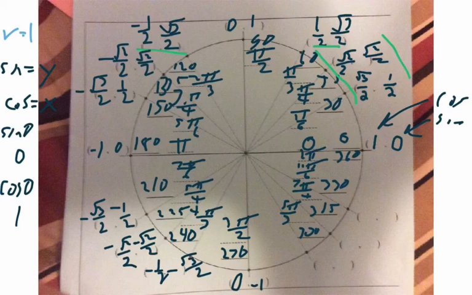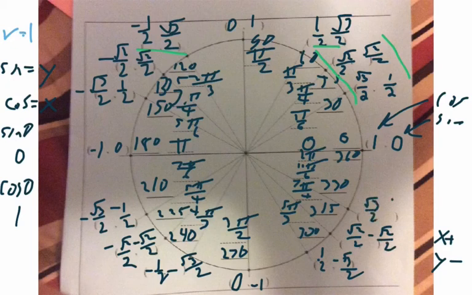And then finally we have over here the x is positive, the y is negative. So this will be 1/2 comma negative square root of 3 over 2. Square root of 2 over 2 comma negative square root of 2 over 2. And square root of 3 over 2 comma 1/2.